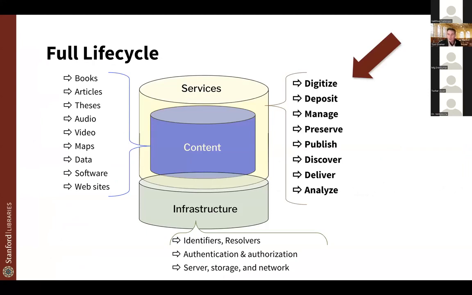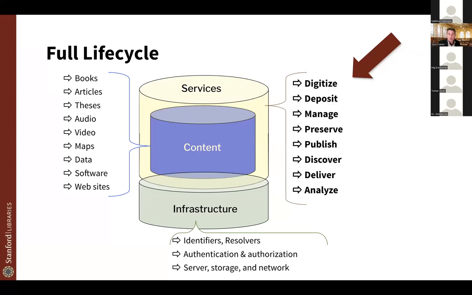One of the other tenets that I mentioned is it's important for a digital library to think about not just amassing content or just delivering the content, but really supporting digital content through its full life cycle. When we think about digital libraries, we think about three different sets of concerns. The first is content: all the formats that might be digitized or born digital.